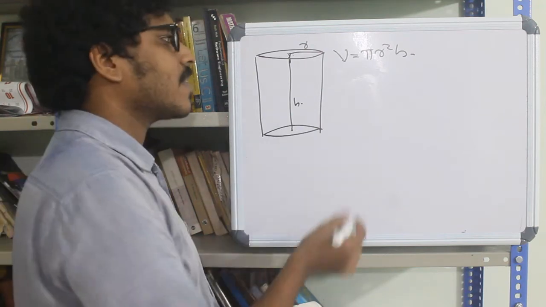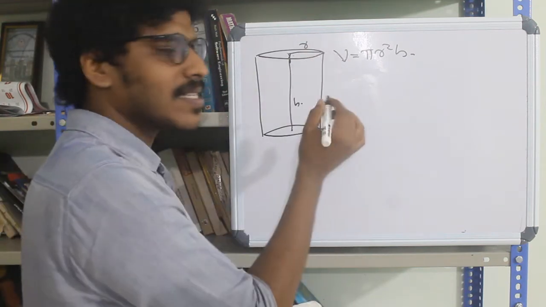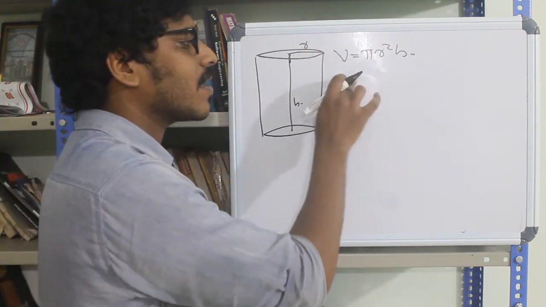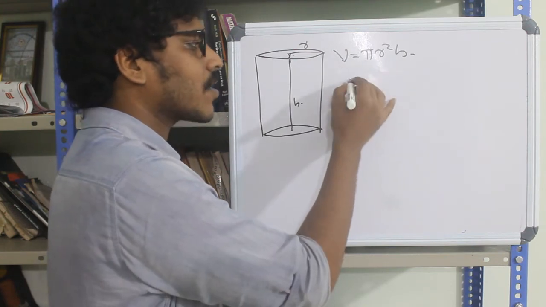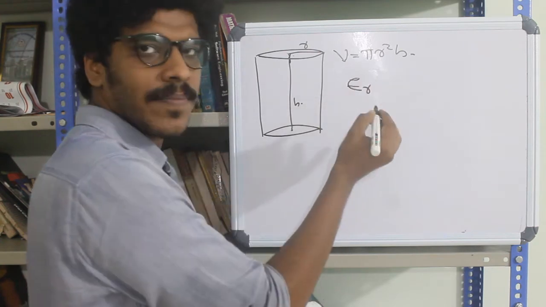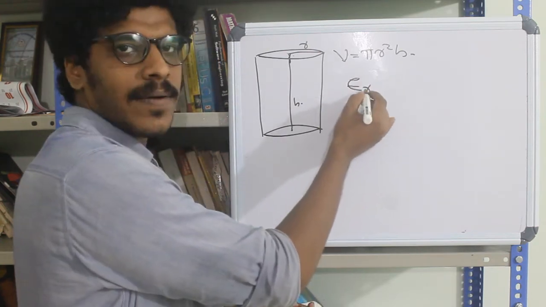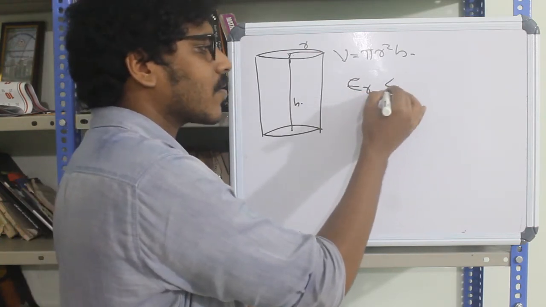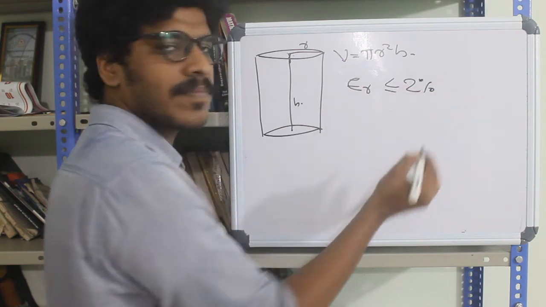It is given that the maximum error in measuring the radius, I call it ER, the error in R is less than or equal to 2%.